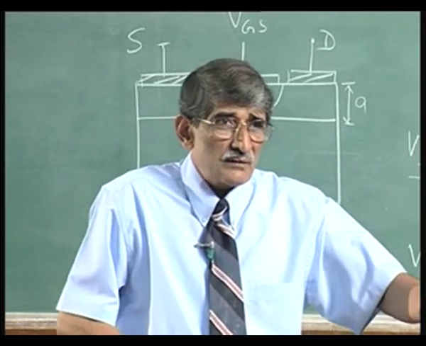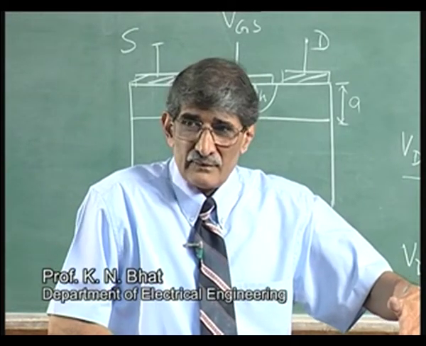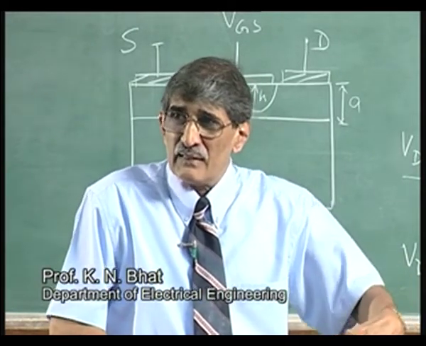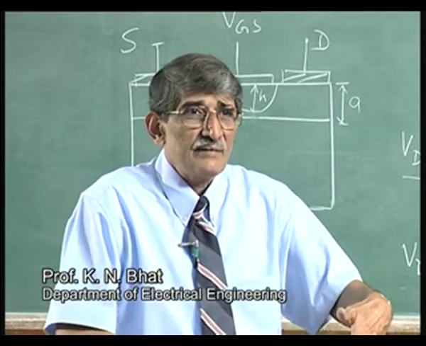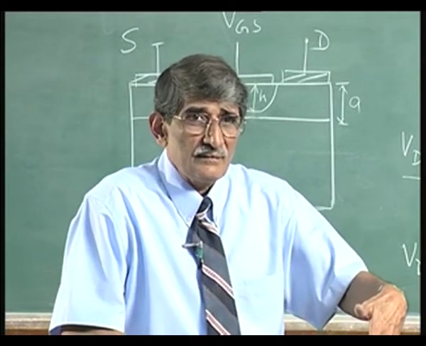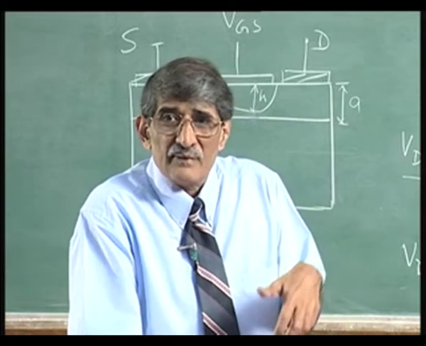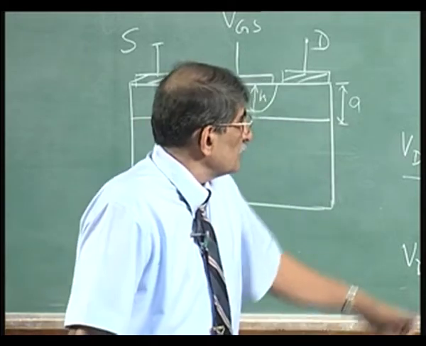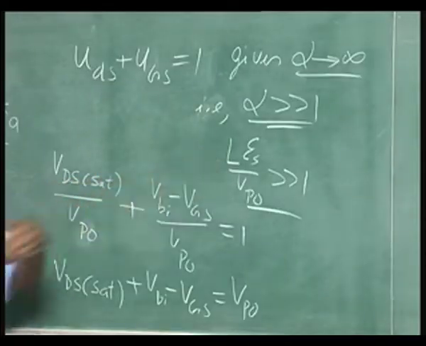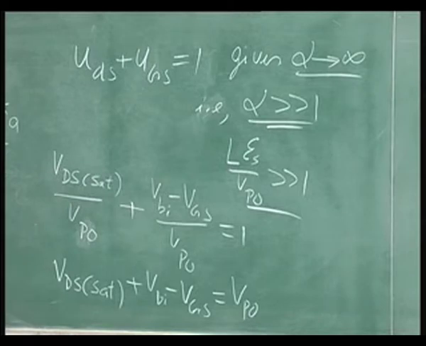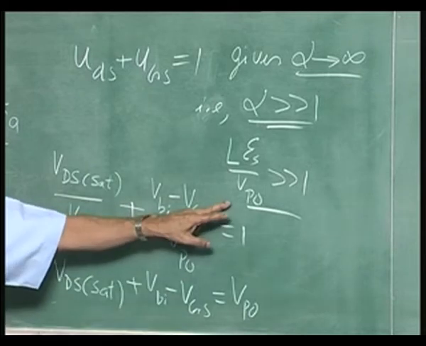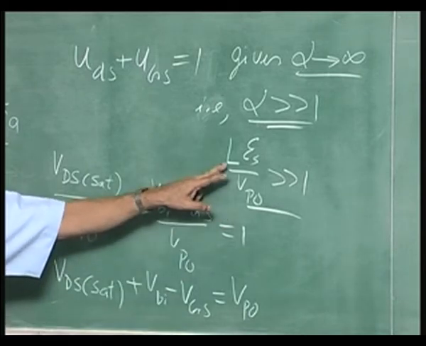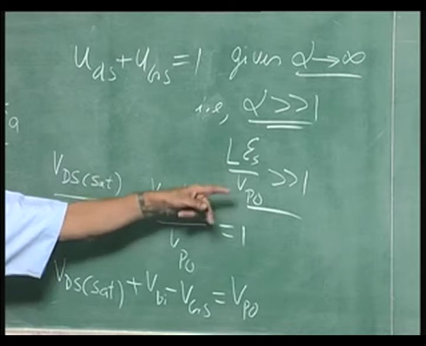So, if that is long, that becomes very large by the time the high field is there. So that voltage becomes large, so that it reaches pinch off. Either way it is true. Supposing pinch off voltage is small, even if the channel length is small, if this is very small, you can satisfy that condition.